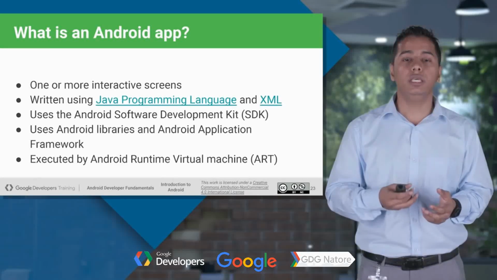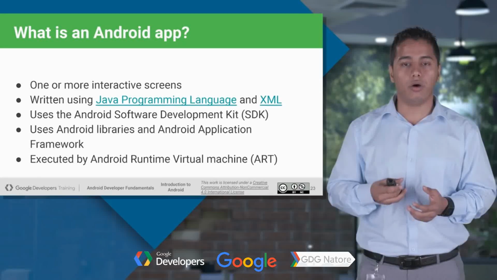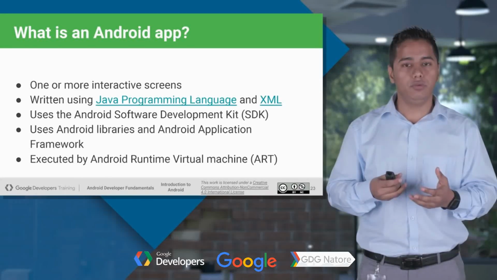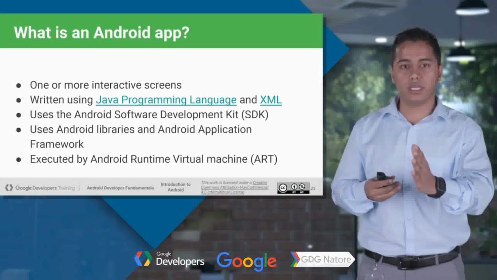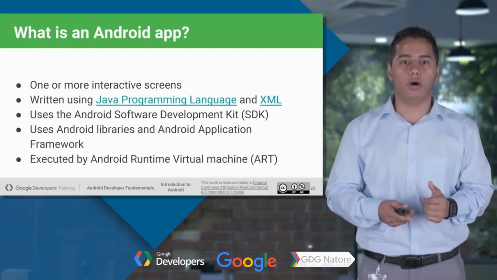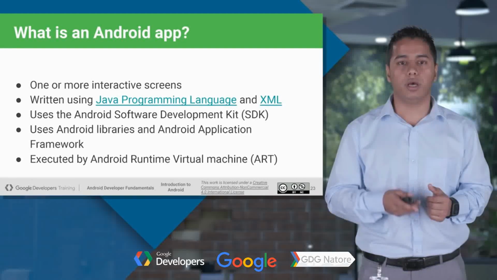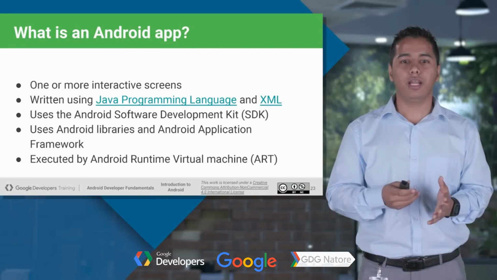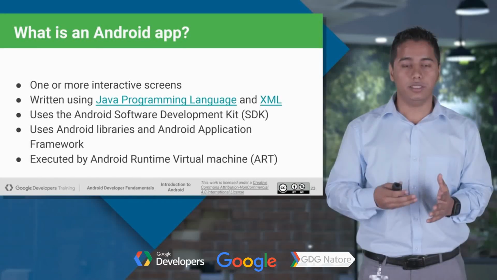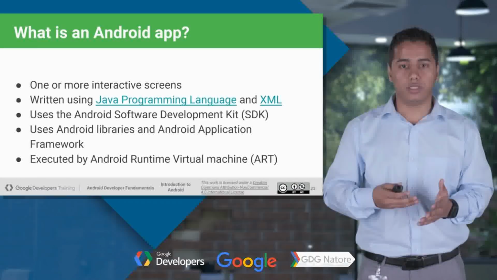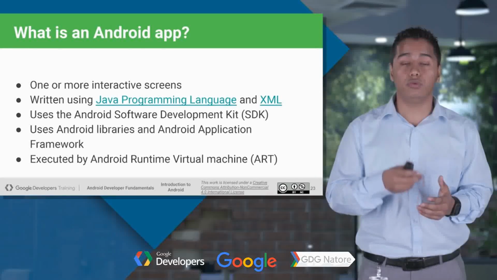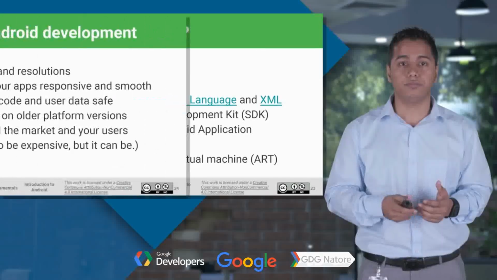For that purpose, we have Android libraries, or to be more precise, we have AppCompat libraries, which will give you access to that material design feature even in your lower versions. So we will talk more about it when we get into the development part. And we have the Android runtime virtual machine here, or you can say ART, where your application is executed, which will be very helpful when you are running or testing your application.